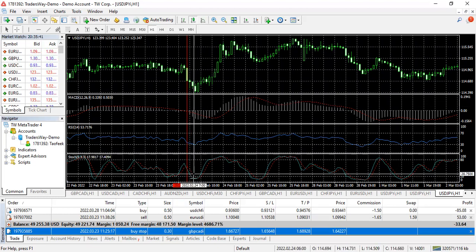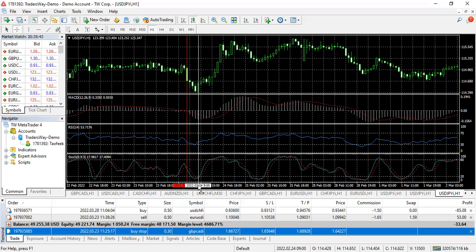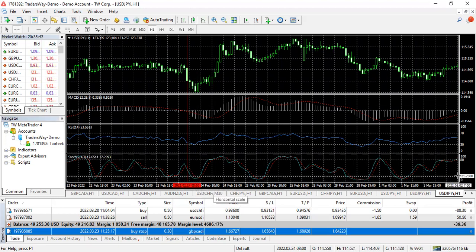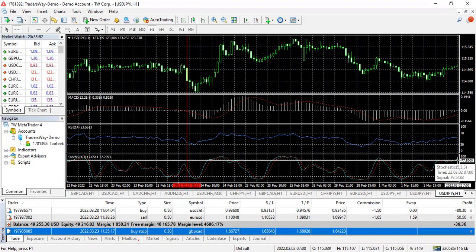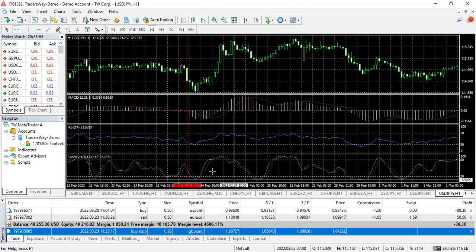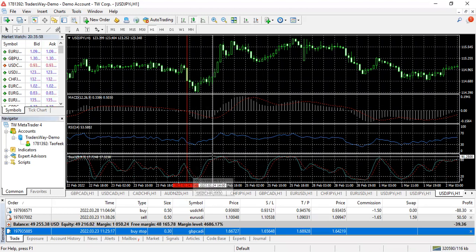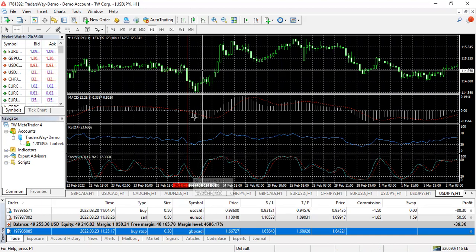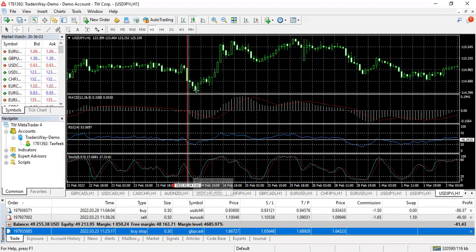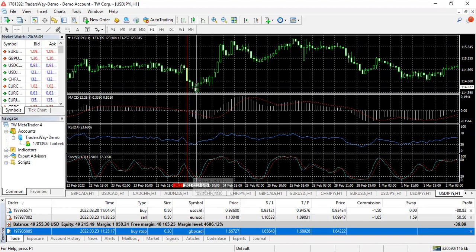Now, can you see my stochastic oscillators? My stochastic oscillators, it is below 20, it is 20 level to 80 level. I'm the one that set it this way. You can change it. So can you see it comes below 20 level before it starts reversing? So almost all these indicators are telling me the same thing. This market itself, if I can study candlestick very well, this market is telling me to buy.